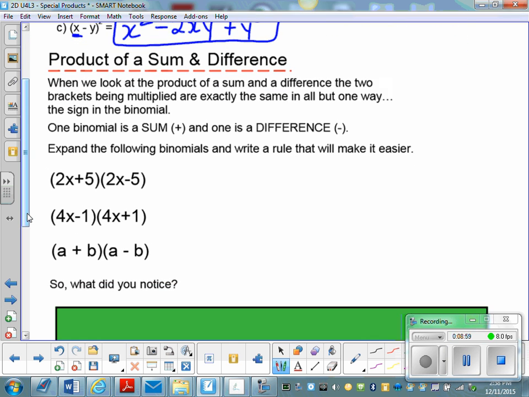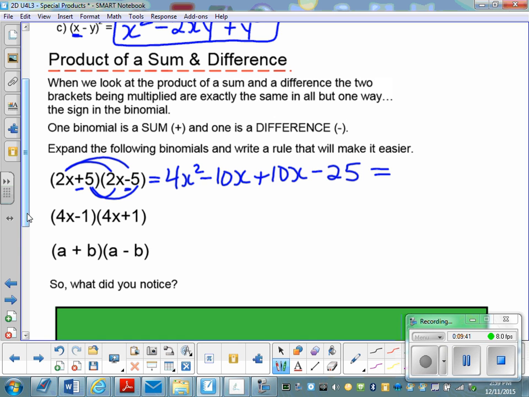Okay, so let's see what happens when we multiply a situation where there's a binomial that's adding and another one that's subtracting, and they both have the same terms. The only difference is that sign in the middle is plus or minus. So if I do FOIL on these binomials, I get 4x squared, then I've got 2x times minus 5 minus 10x, and then I'm going to have plus 10x, and then I'm going to have minus 25 when I multiply the 5 times negative 5.